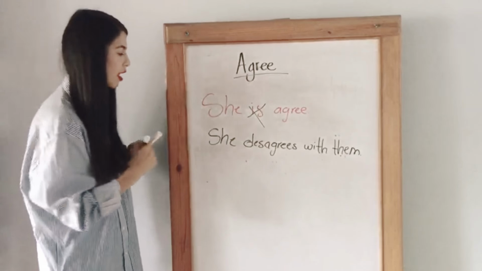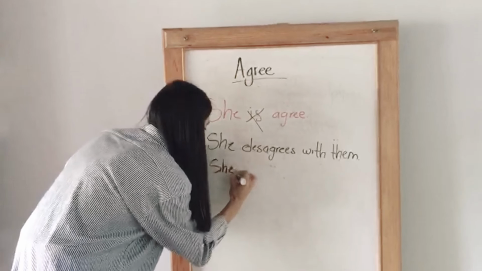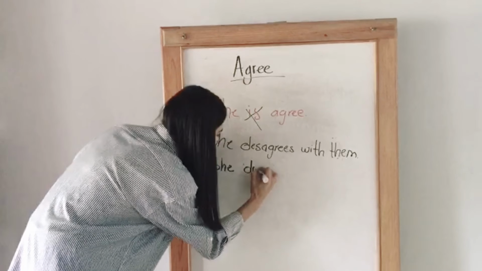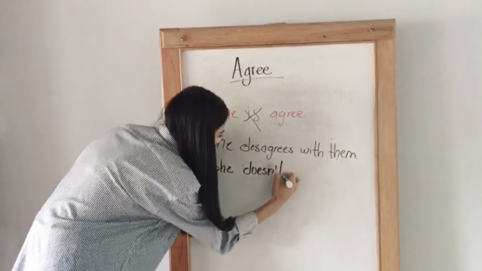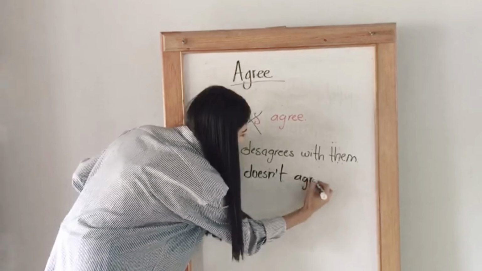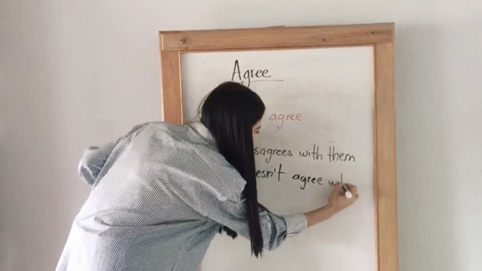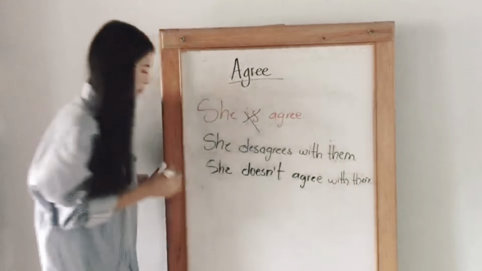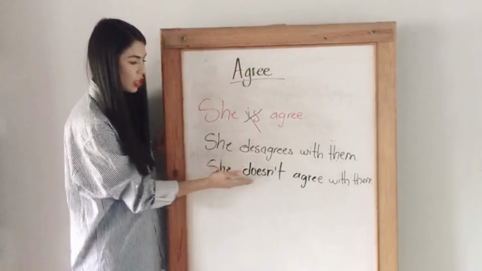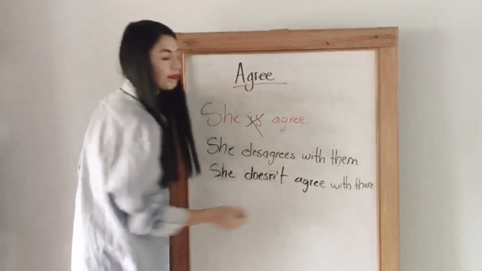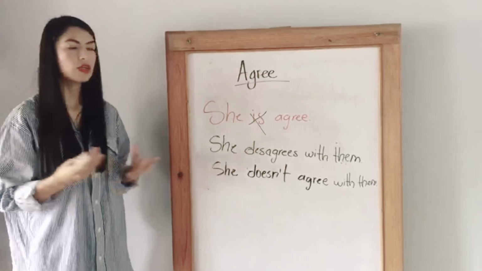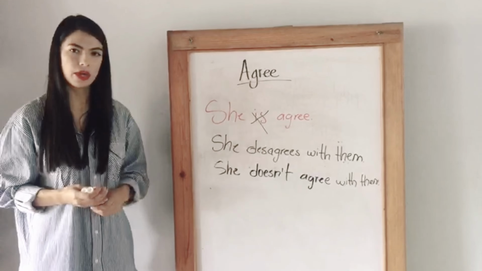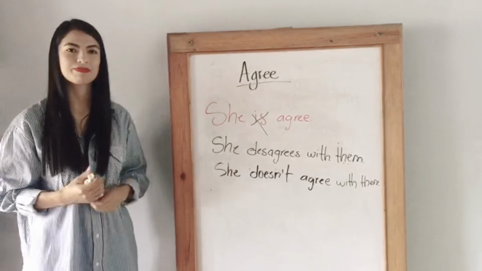Or you can say, she doesn't agree with them. Now, you can use the verb agree in the proper way.